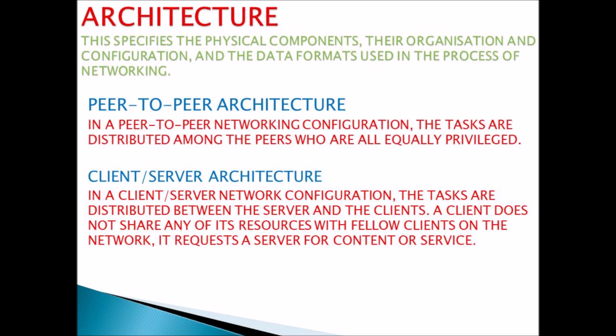In a peer to peer networking configuration, the tasks are distributed among the peers. Wherever the term peers is used, it refers to the nodes which are all equally privileged. Each and every node will have some access permission or privileges, and based on that privilege, the distribution occurs. This system does not have any central infrastructure or server.